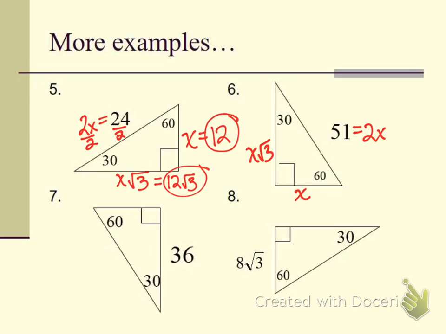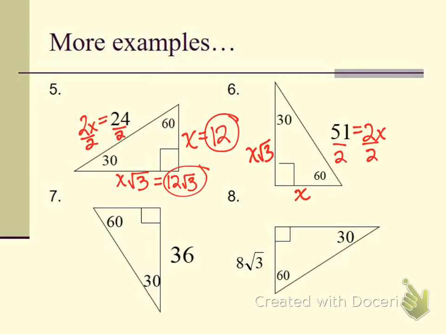Okay, what do I need to do to get x alone? Divide by 2. When you do this, I do not want a decimal. I want simplified fractions. Is 51 over 2 simplified?